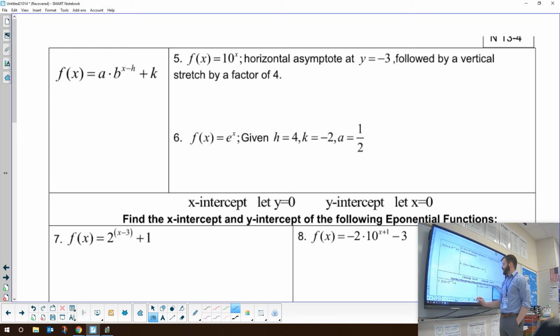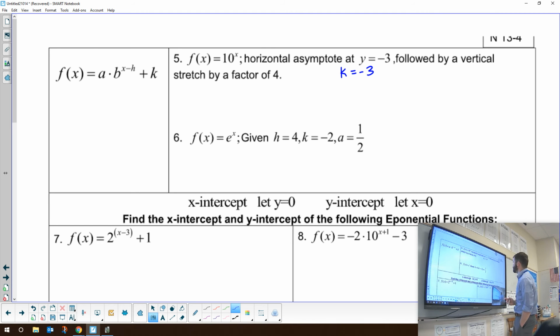So whenever you see a horizontal asymptote, that is your k value. So my k is going to be negative 3 as well. All right, because think about it, it's the inverse of a logarithm, and so that horizontal asymptote is going to be created, and whenever I move that horizontal asymptote up and down, it creates my k value.